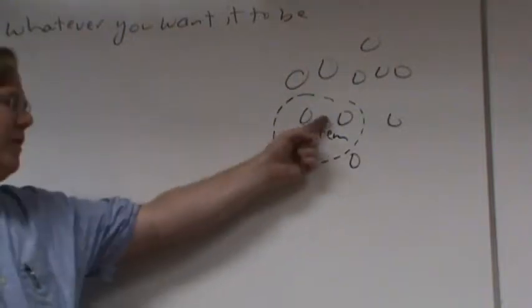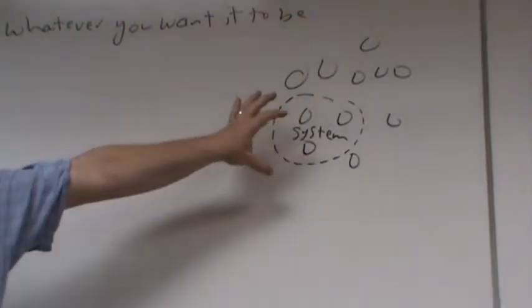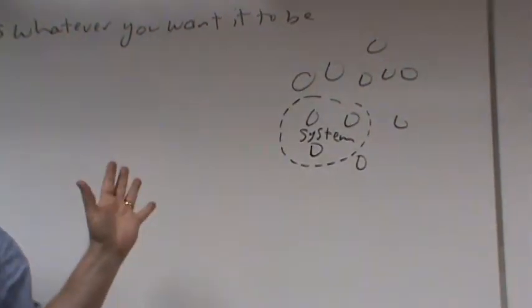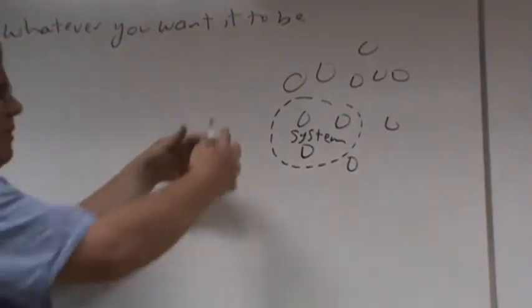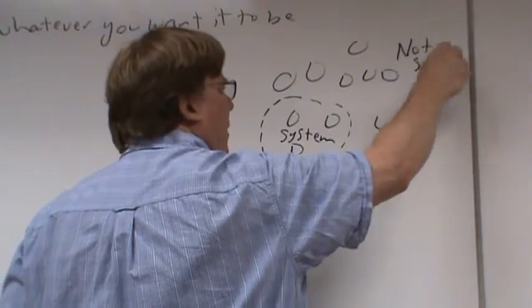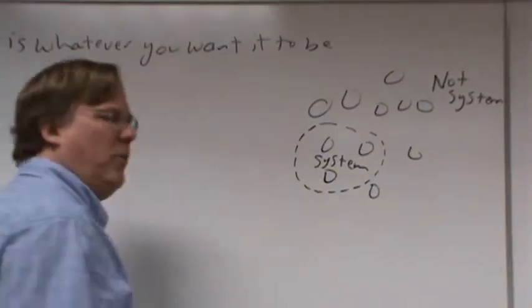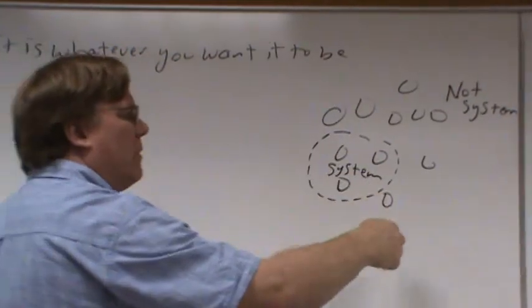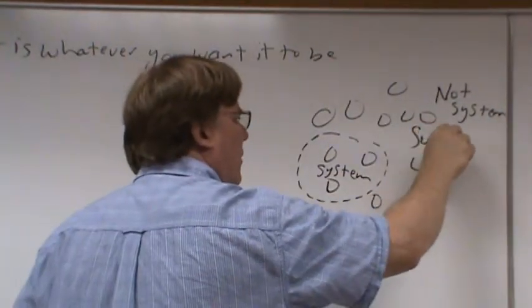But anyway, so there's my system. Which means, equally importantly, not only have I defined what my system is, I've also defined what's not in my system. The rest of the universe is not in the system. There's several names we give for everything else. We call it the surroundings.